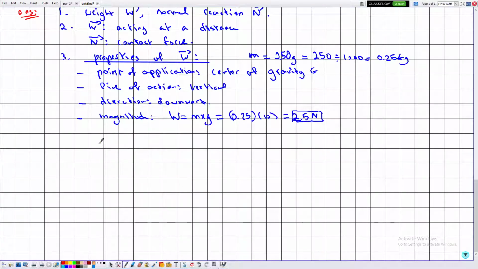Now, as for the properties of N, we also have the point of application, line of action, direction, and the magnitude.